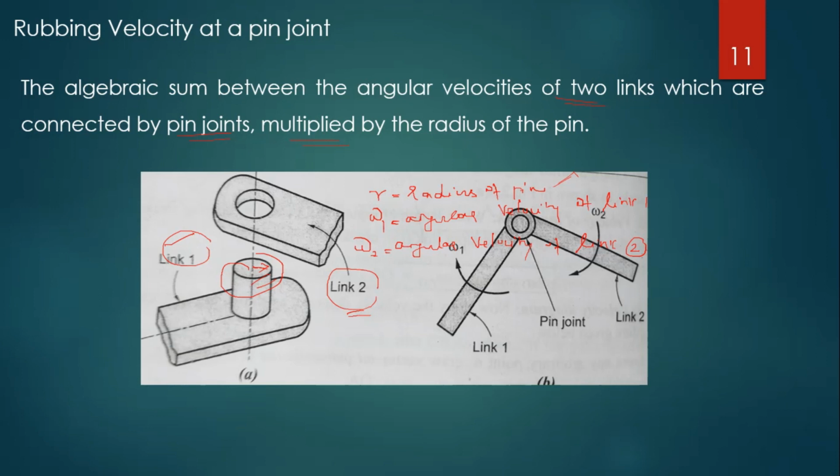Now see, omega 1 is the angular velocity of link 1, and omega 2 is the angular velocity of link 2. Both are either in the same direction or in the opposite direction.